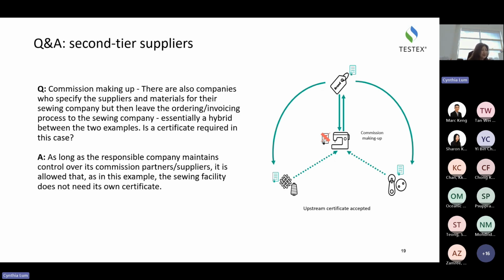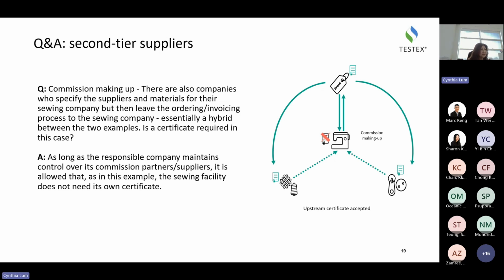So when they do that, this making up factory can exclude having a second tier certificate from their suppliers. So as long as the responsible company maintains control over its commission or its partner suppliers, it is allowed that, as in this example, the sewing facility does not need its own certificate.